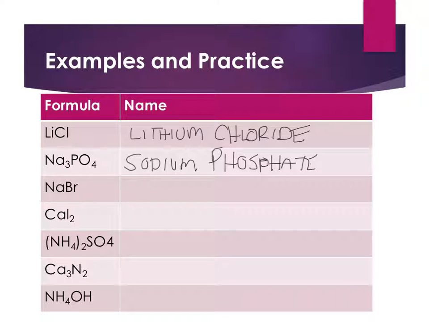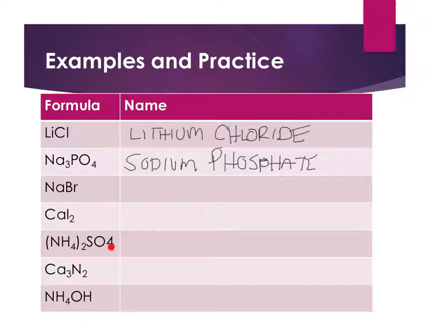Okay, so what you're going to do now is try to name the rest of the 5 here on this piece of paper. If you've followed any of my videos before, I am going to ask you to stop the video. Then you're going to copy all the information down, work the problems out, and on the next slide I'll give you the answers. Now there is a small typo here. This 4 here should be a subscript, so it should be SO with a 4 down here.